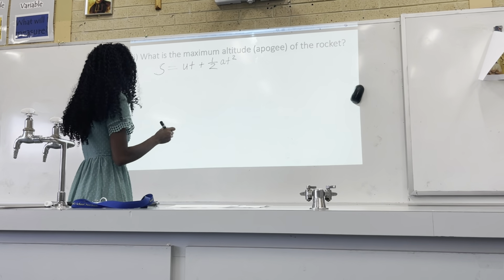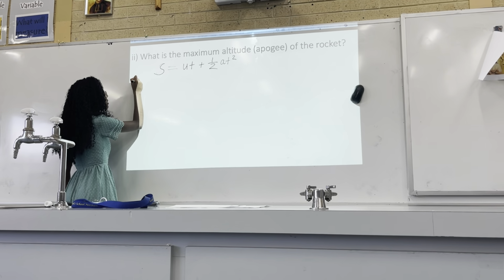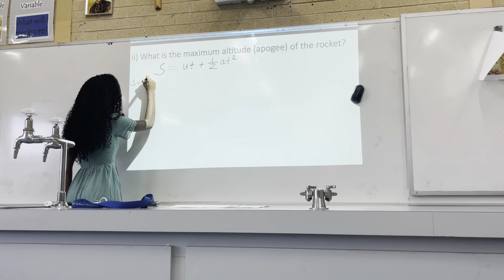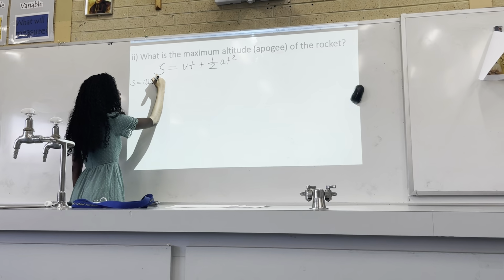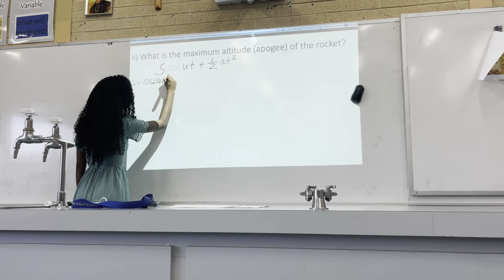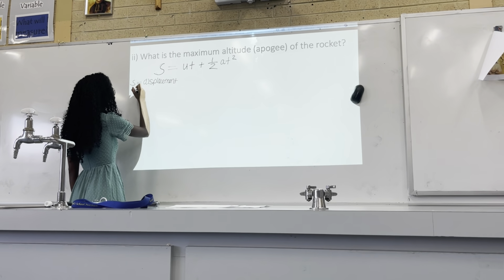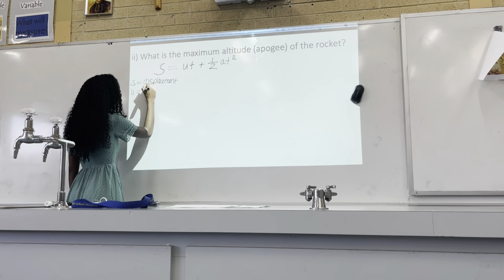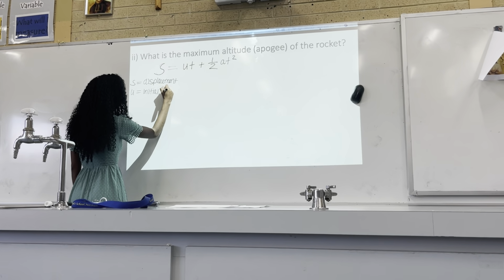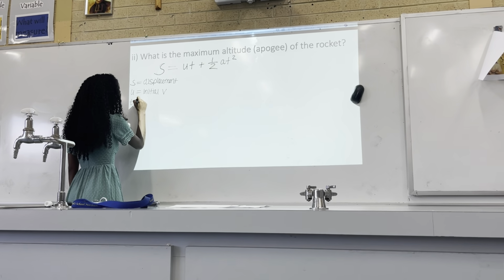S is the displacement of the object, and the object that we're talking about right now is our rocket. U, like we said last question, is the initial velocity. T is the time.